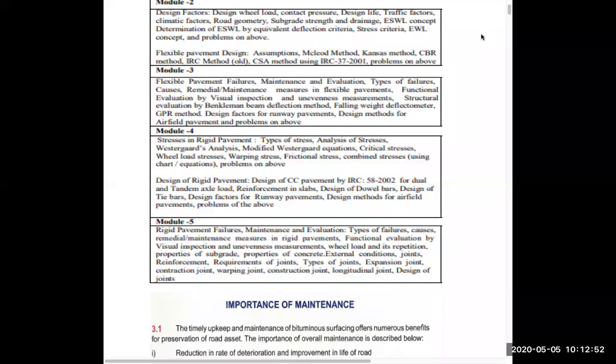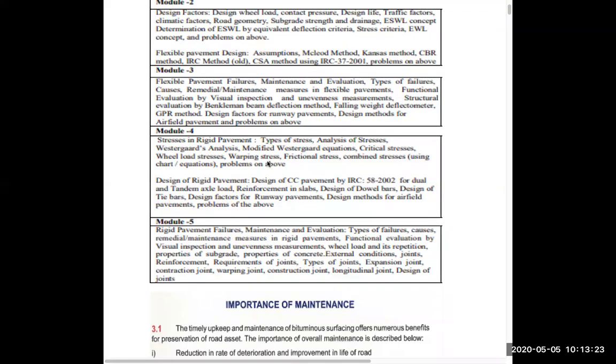And then wheel load stresses, warping stresses, frictional stresses, and we have numericals on these three parameters: wheel load stress, warping stress, and frictional stress. These three parameters are caused because of load coming from the wheels of vehicles and variation in temperature. Again, two things are there in variation in temperature.